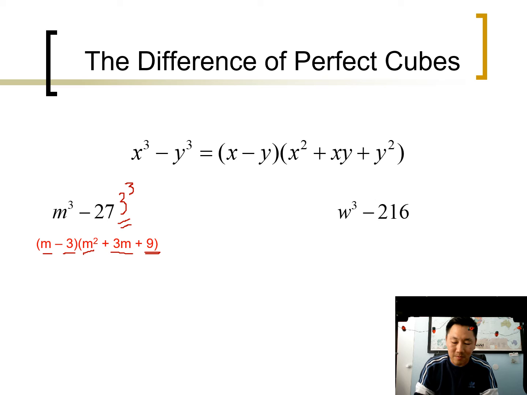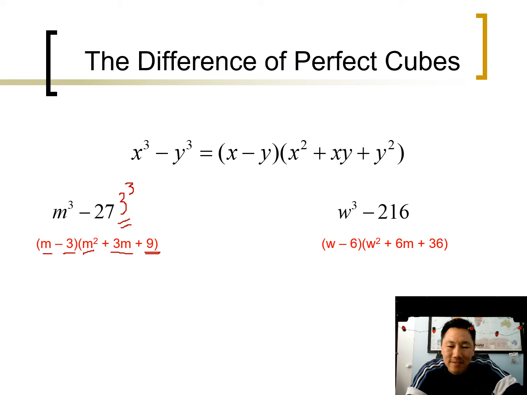Maybe it's 6 times 6 times 6. It is 6 times 6 times 6. All right, so there it is. w minus 6, and then w squared plus 6w. That's supposed to say w. Plus 36.